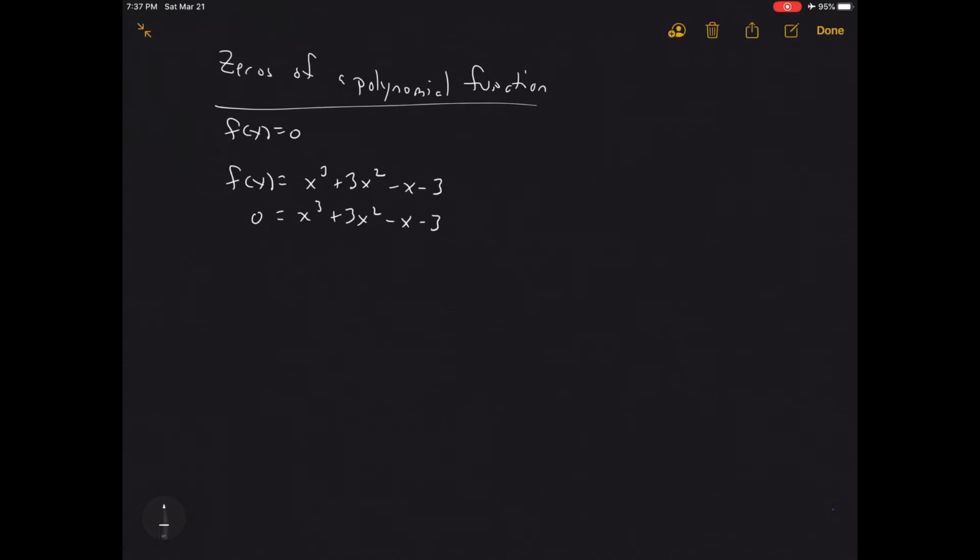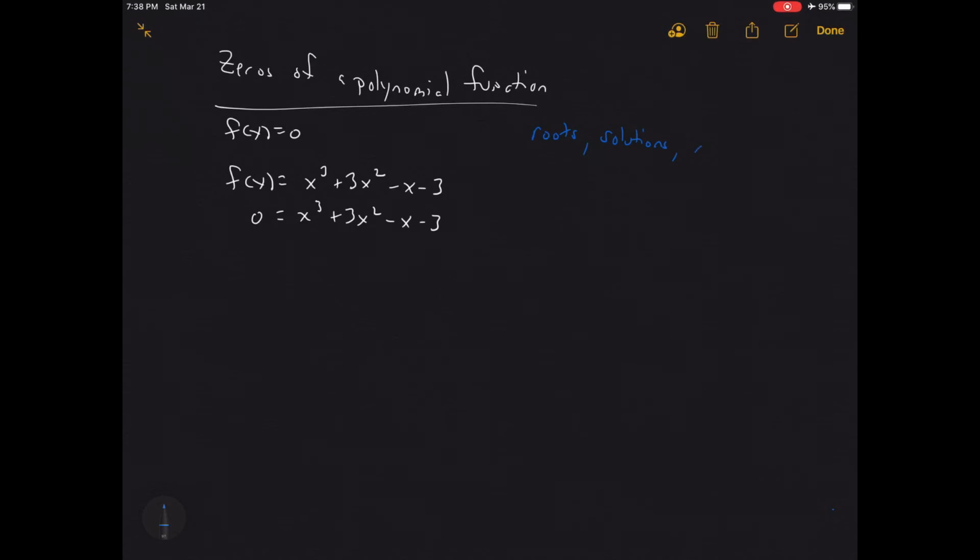So a lot of this is going to involve factoring. A couple of points that I want to make over here. Zeros can be called several different things. Zeros can also be called the roots of a function. They can also be called the solutions of a function, and we've talked about this before.